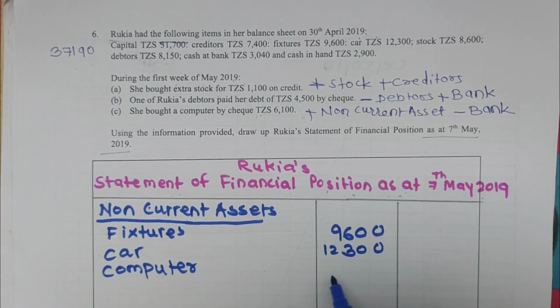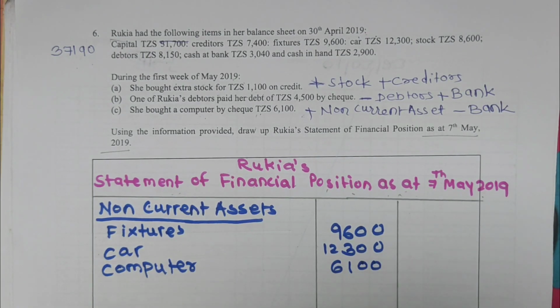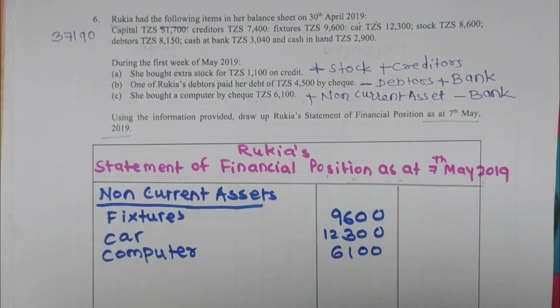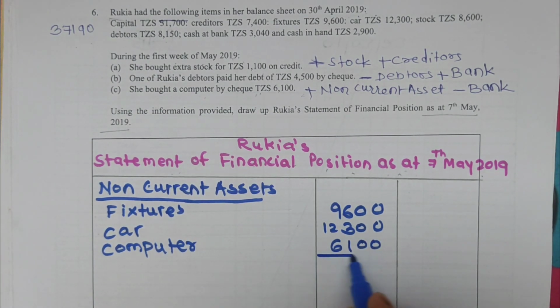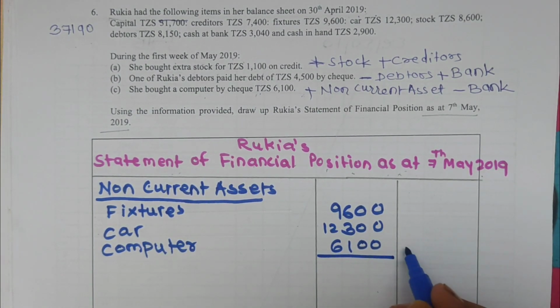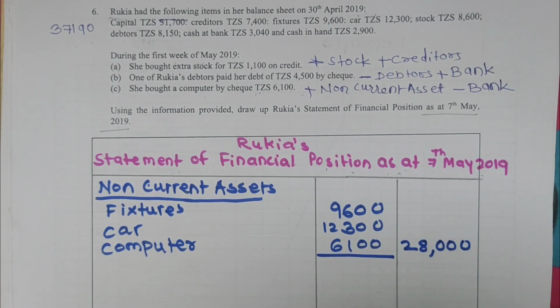So computer is worth 6,100. So these are the three non-current assets we are having. So when we add these three together, we get 28,000.